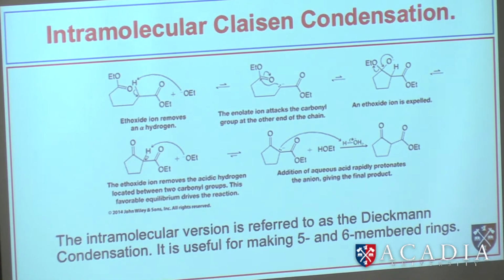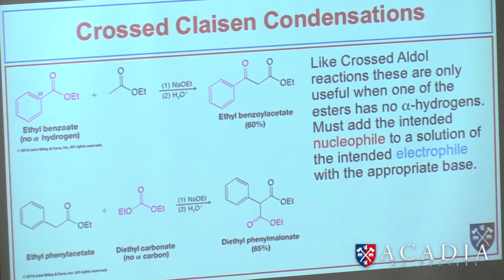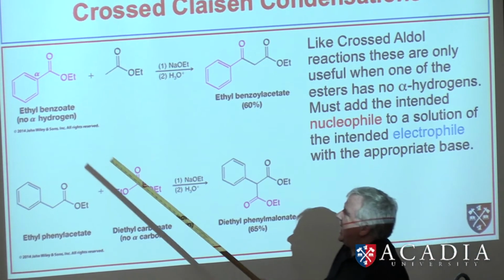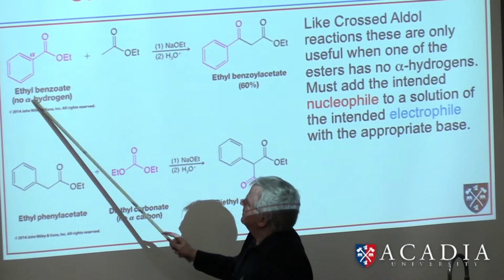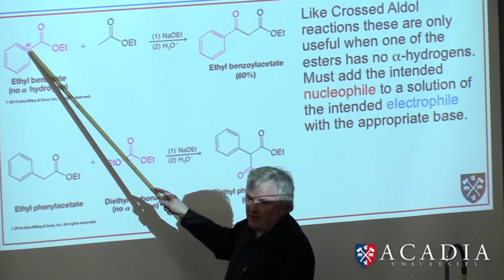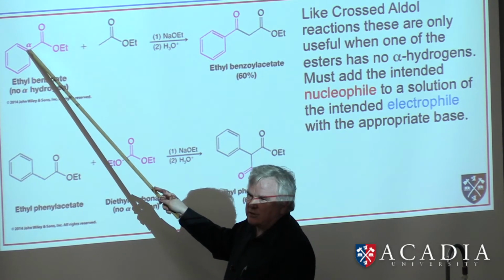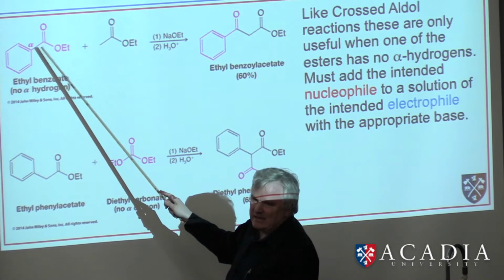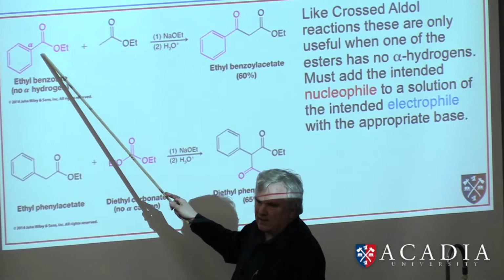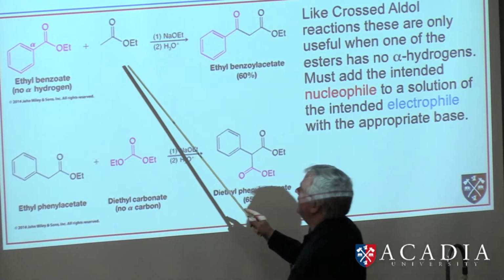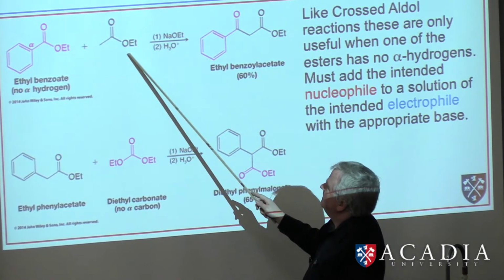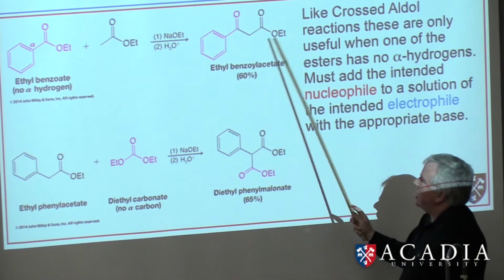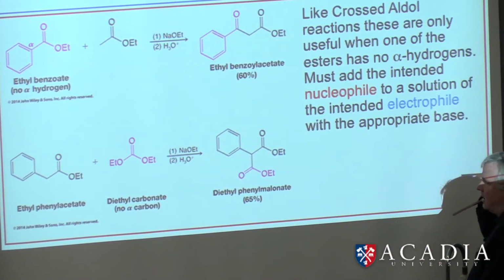As you might guess, we can also do crossed Claisen condensations, and we do the same thing. One of our esters has no alpha hydrogens, no hydrogens on the alpha carbon. So we can't pull them off, and we can't make an enolate of this. We can't make this thing nucleophilic. It can only be our electrophile. This one, we can go ahead and pull off a proton, and we get our crossed Claisen condensation.